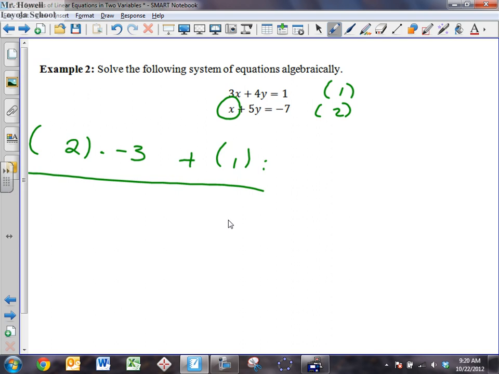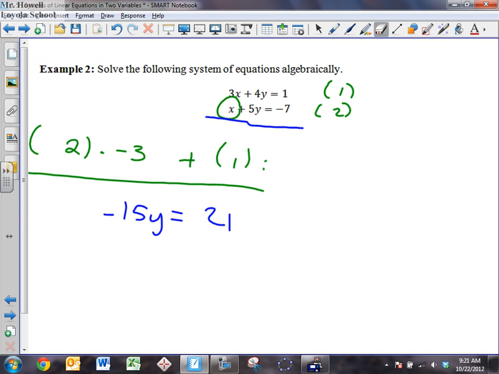So what do I get when I multiply this entire equation by -3? Tell me what I get, Summer. Negative 3x minus 55 equals positive 29. Very good. And equation 1 remains the same, right? We have not altered it. So just write equation 1 down now. Oh, that's -3x.